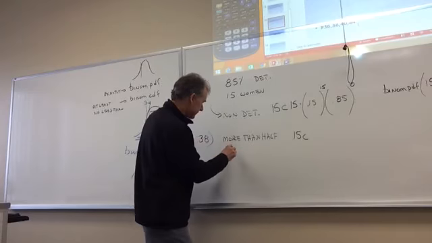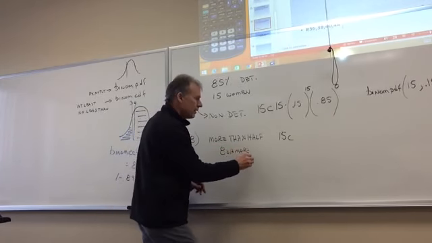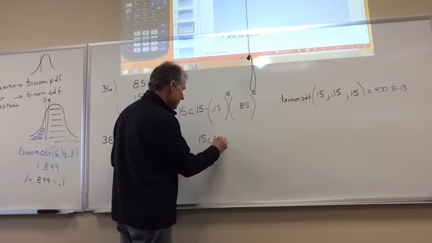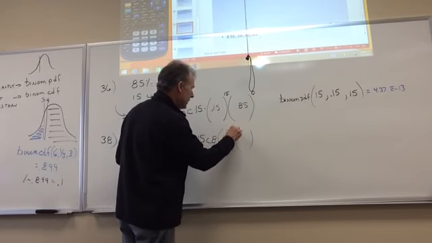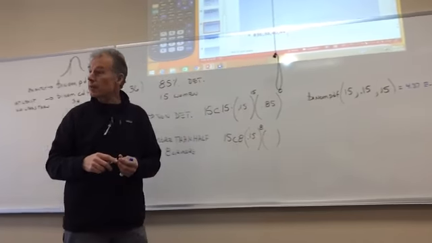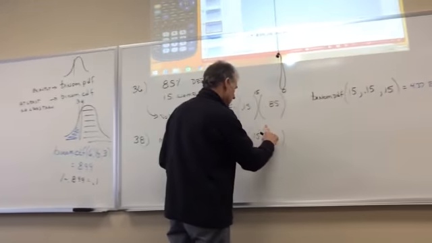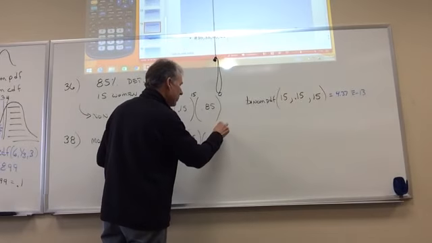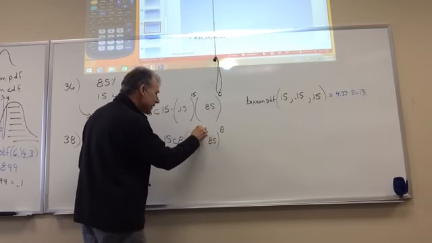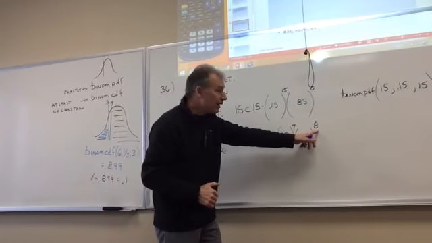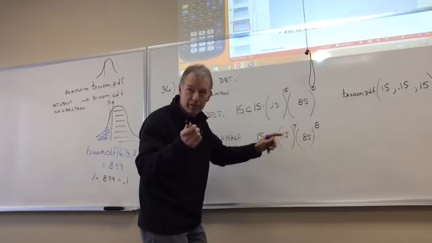Do you agree with that? So 15 choose 8, and we have 0.15, 8. Oh, wait, detectable or not? Are detectable. Okay, so I need to change that a bit. I'm going to put my 8 over here on the detectable, which means I have 7 there. Is everyone okay why I put the 8 here now?